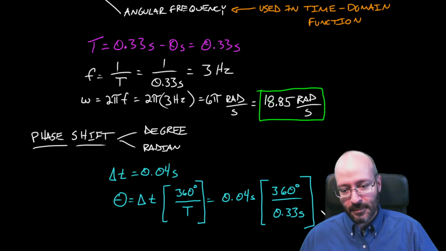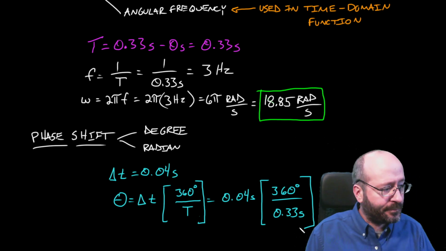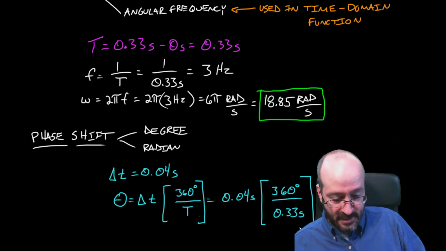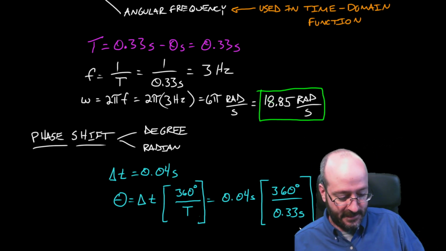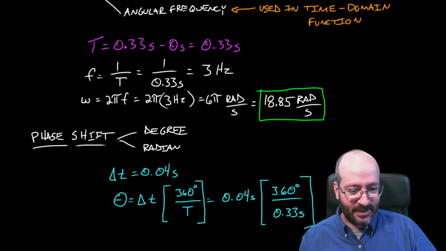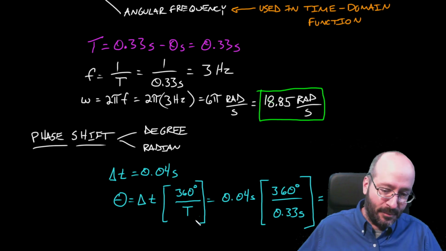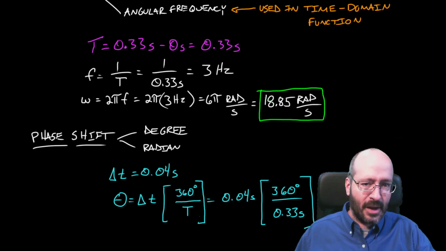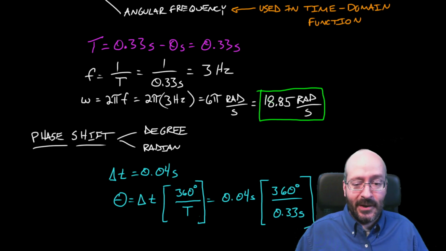What does that work out to be? 0.04 divided by 0.33 times 360, and by my math, that works out to be 43.2 degrees. I'm guessing that with my little bit of measurement error, it's actually closer to 45, but that's okay. We're reading a plot. There's going to be some error.